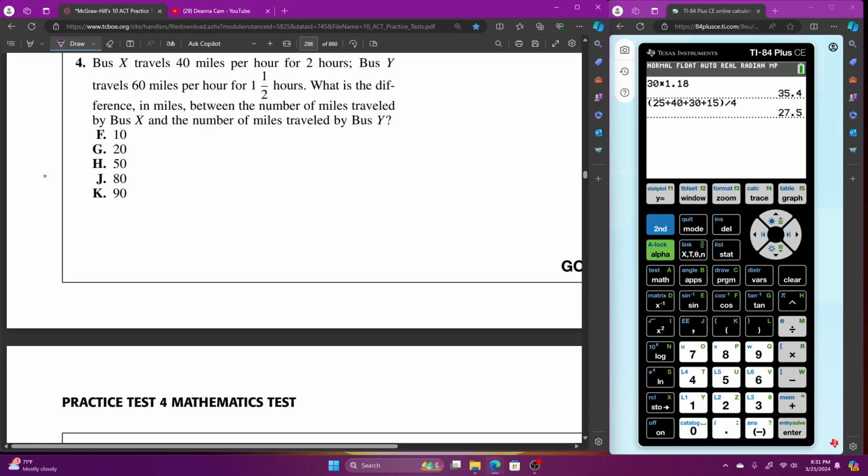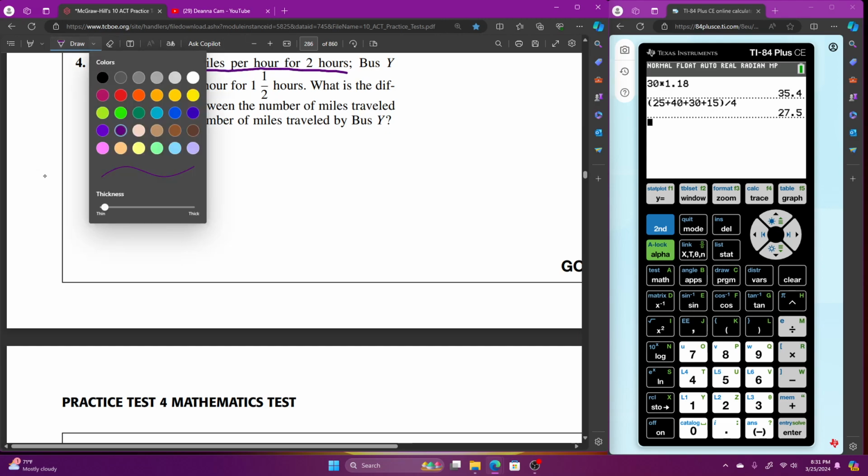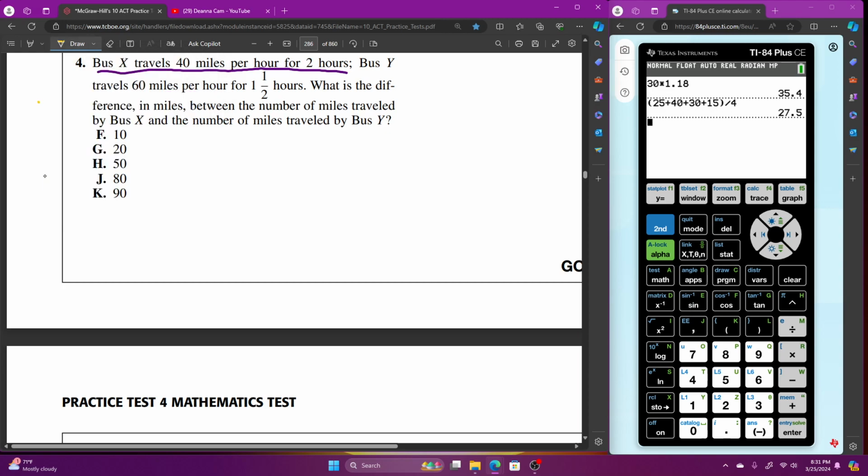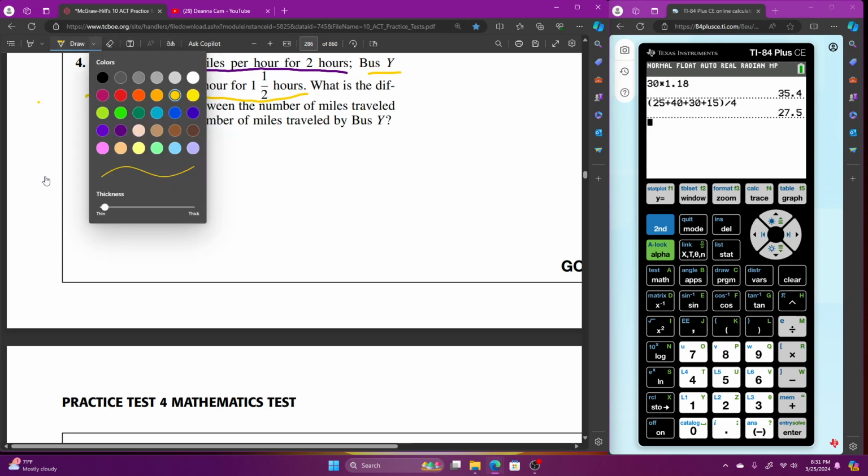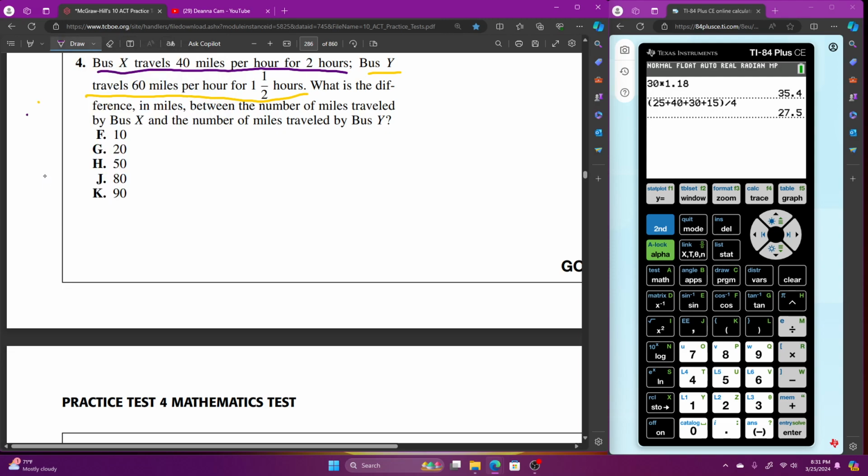So we want to find out how many miles bus X goes and how many miles bus Y goes. And then we're going to find the difference. What does that mean, that phrase, the difference?